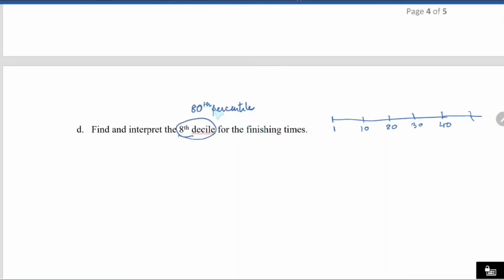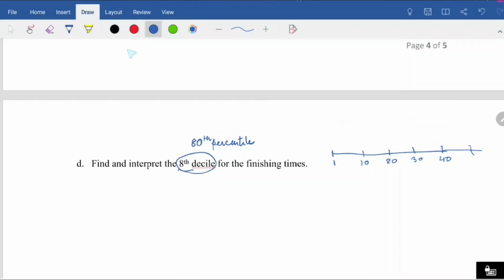That means 80% of the observations lie to the left of a certain value. So we are going to start by drawing our curve as usual. So here's our curve, and we have to first shade the 80th percentile.